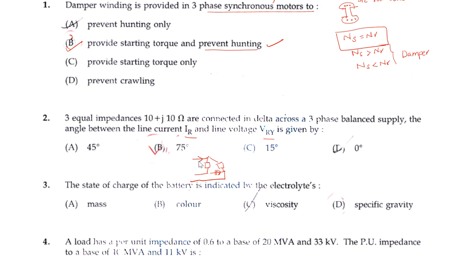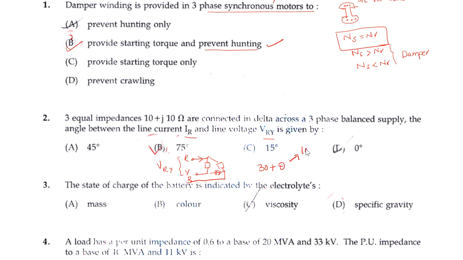Let the currents be in R phase, Y phase, B phase, and the voltage is VRY between the two phases here. The angle between the line current and the line voltage will generally have a difference of 30 degrees plus theta. What is theta?